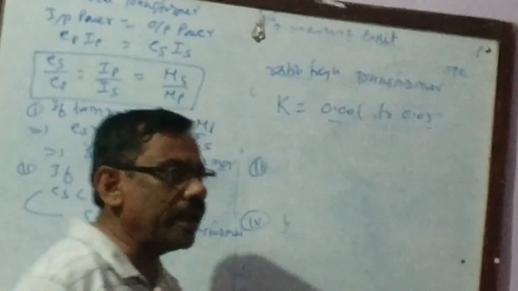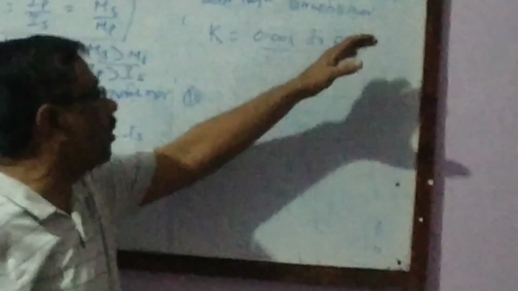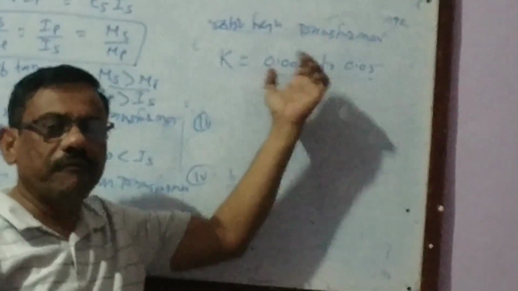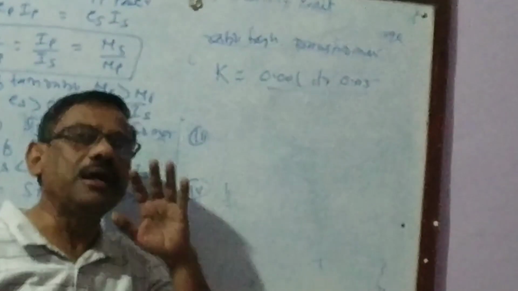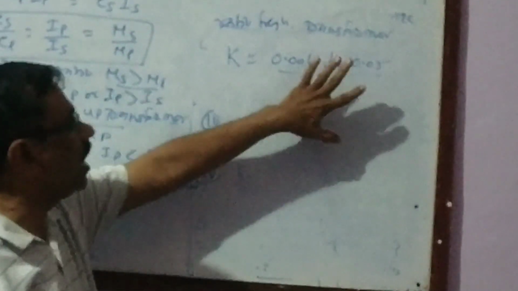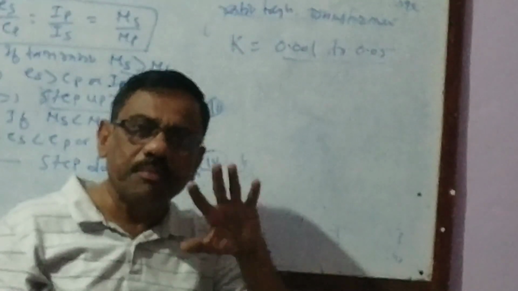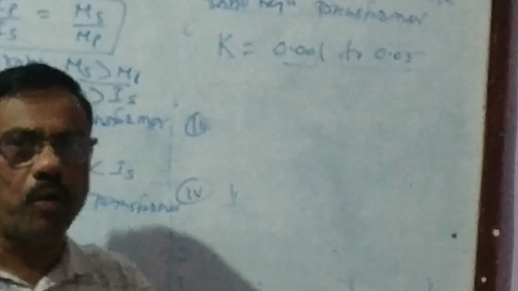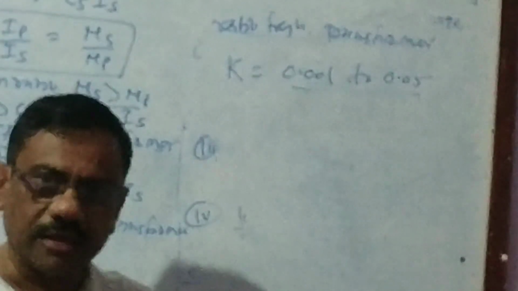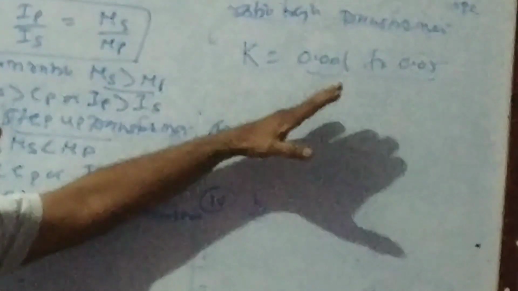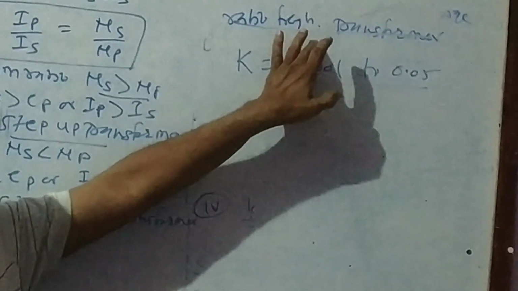This is the value of K for a radio frequency transformer. That is, the value of K is very small. When K is very small, it is very good for such electrical equipment. Where K is small, M is minimum, and this is very good for some electronic devices. And in this way we see the characteristics of K and M.